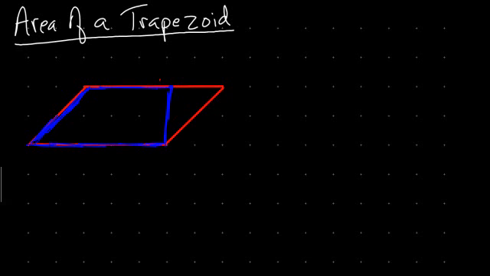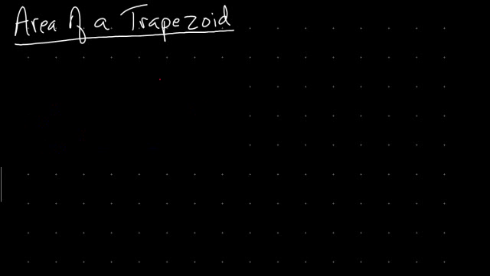So that being said, let me erase that, and let's just draw an arbitrary trapezoid here. Let's go here, and we want to stay parallel on top, but not as long. That's what's going to make it a trapezoid, because it's going to force these two sides to not be parallel.